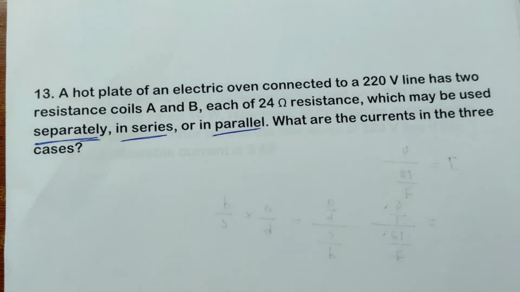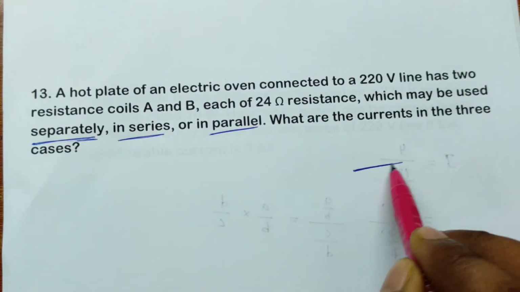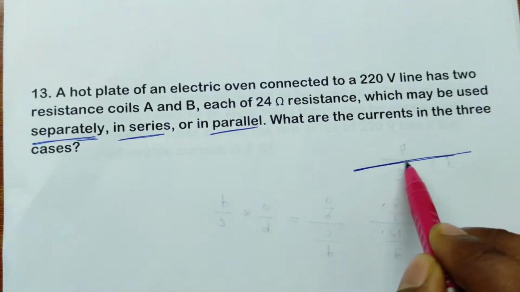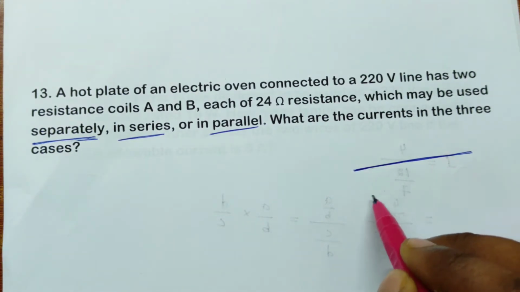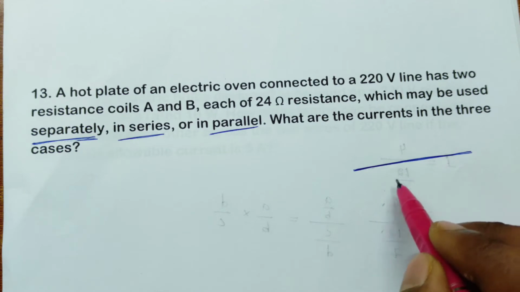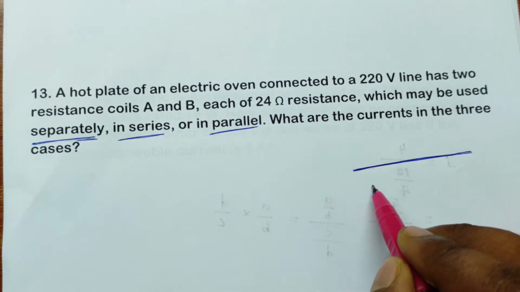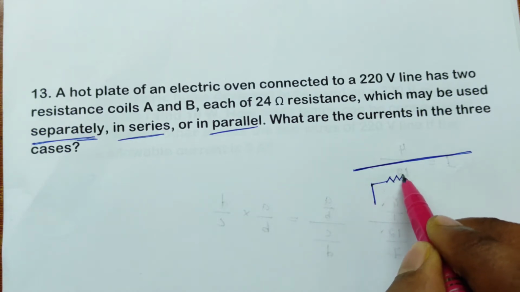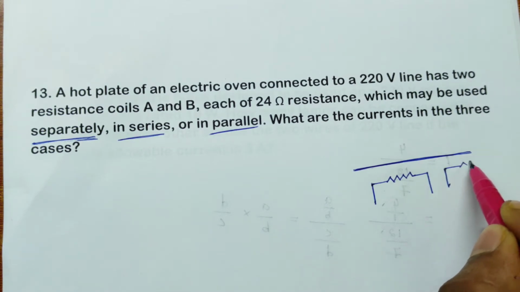First of all, how does this microwave oven work? This is a plate. We are thinking of the oven as a box, right? Inside this plate we will have coils. I am not drawing the coils because they may look like inductors. Here we are considering only resistance, so I am going to represent them as resistors.